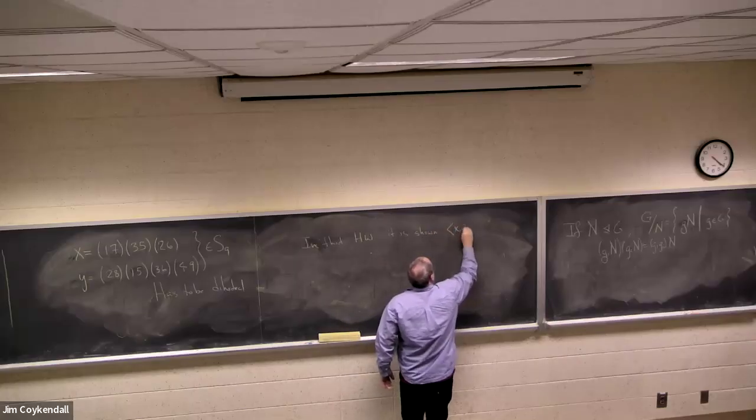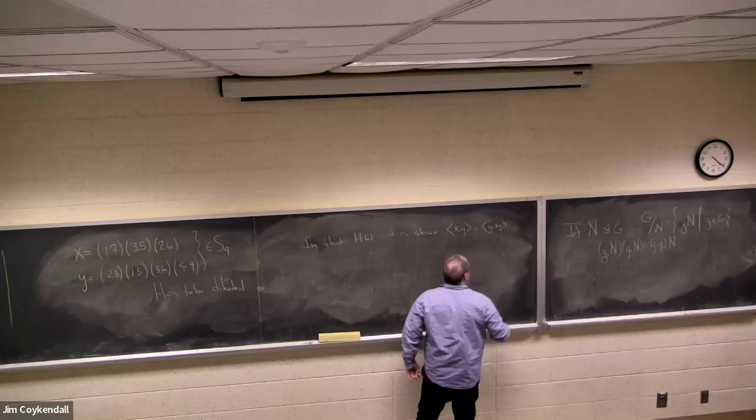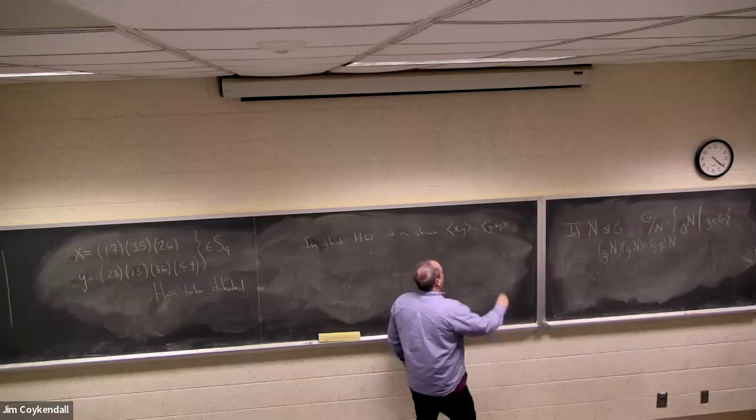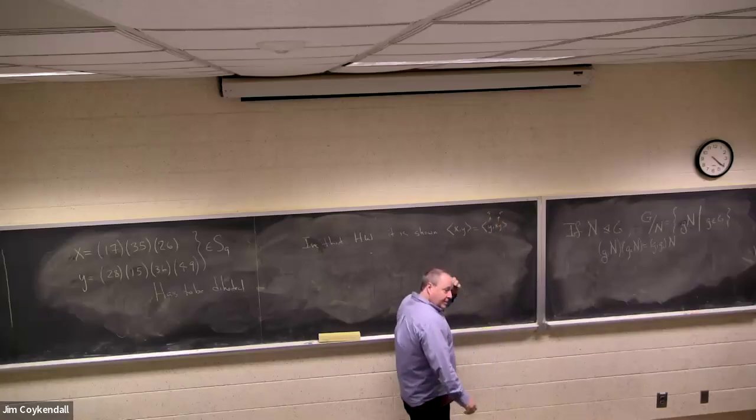That the group generated by X and Y is the group generated by X or Y and XY. And this played the role of S and this played the role of R in the dihedral group.